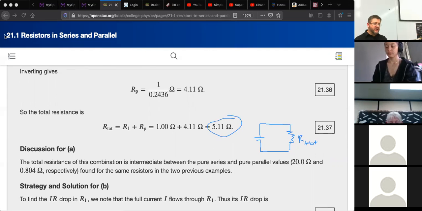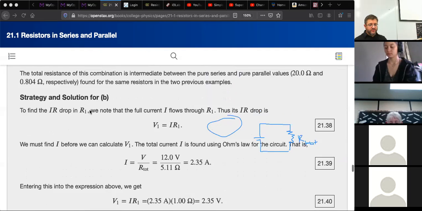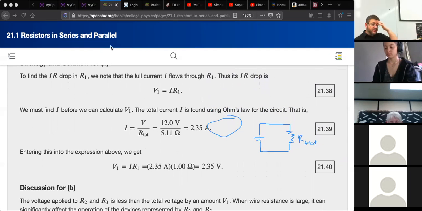Now I can actually solve for the current going through this, because the current is equal to the voltage over the resistance, since voltage equals current times resistance. So now I can use Ohm's law to take the total voltage, which is the voltage on the battery, the thing providing our voltage, which is 12 volts, and going through this resistance, which is 5.11 ohms, solve for the current, and get 2.35 amps.